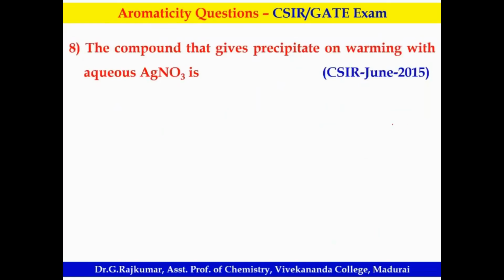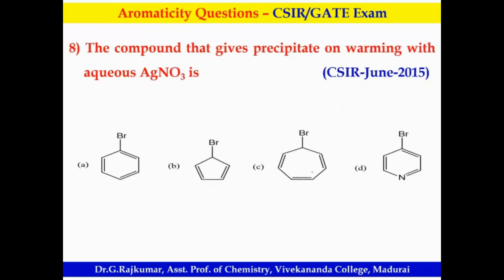The compound that gives a precipitate on warming with aqueous silver nitrate. CSIR June 2015. In the compound, it readily gives a precipitate. When treated with silver nitrate, what will happen? Br minus will leave. Yes.